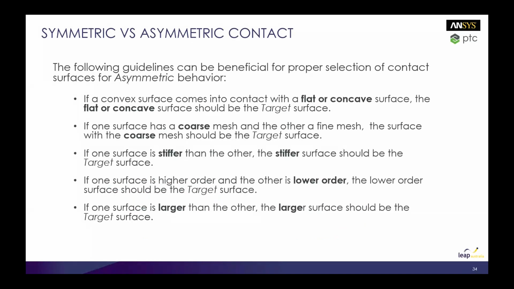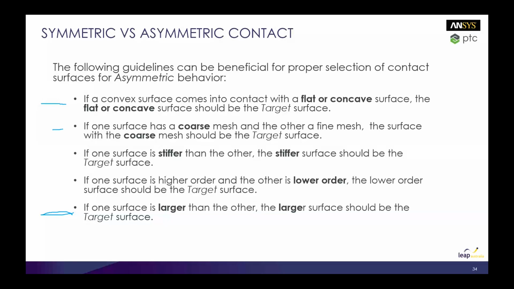Some of these you can't really control, others you do have control over. If one surface is larger than the other, you've got control over that. If one surface is convex and one is concave, you can't really change that aspect, so you have to choose.